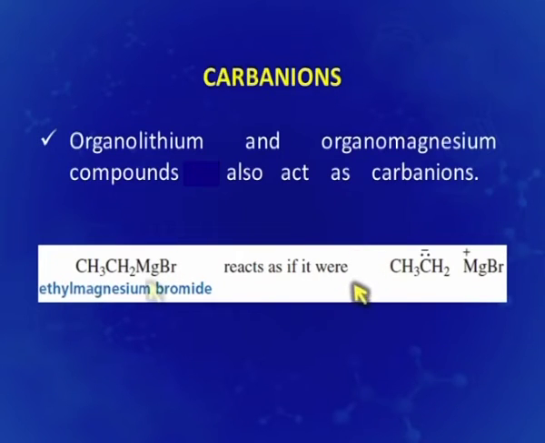You know that magnesium is electropositive, so there is a positive charge on magnesium and CH2 becomes partially negative. So, this ethyl group acts as a carbanion and magnesium bromide as the positive part of it. You must have noticed these reactions while studying the Wittig reagents and other reactions.